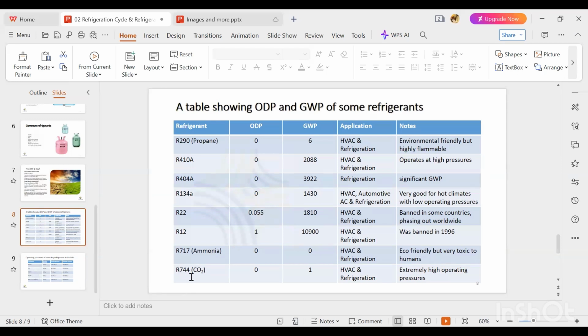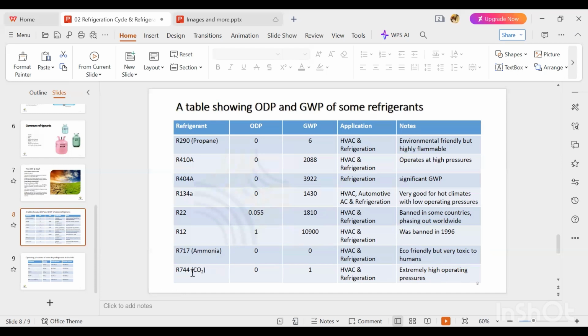The last refrigerant we have here is R744, which is carbon dioxide. As I said, the 700 series are natural refrigerants, so they have no problem with the environment. The problem with this, point to note, is extremely high operating pressures.